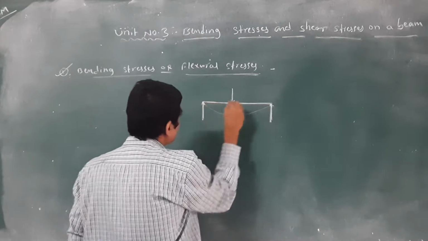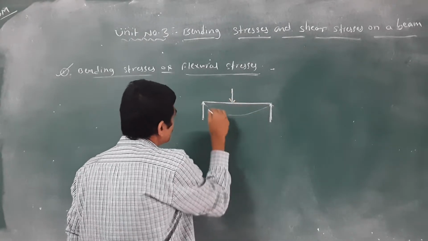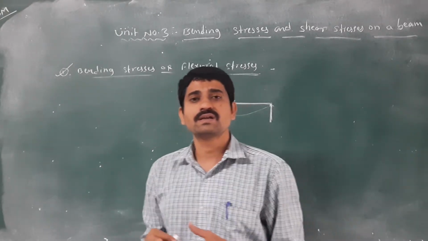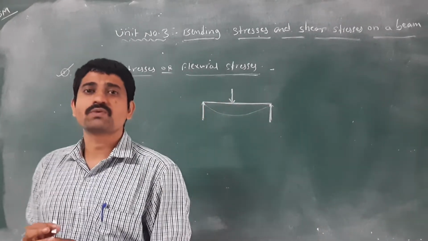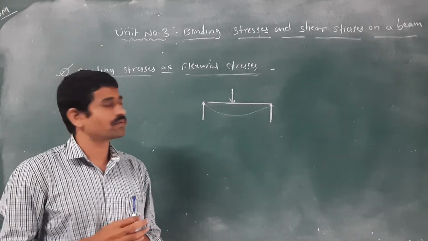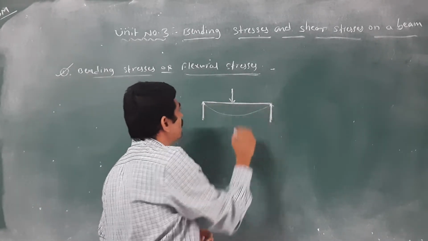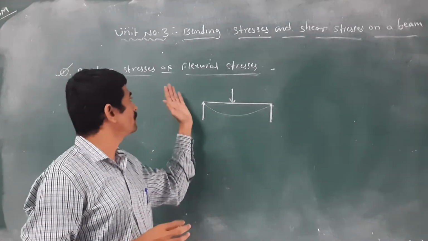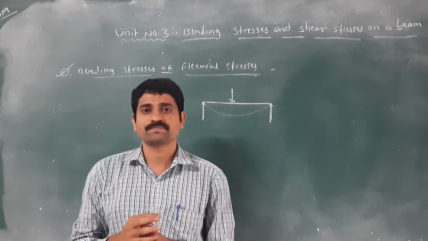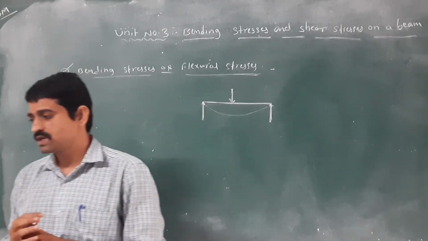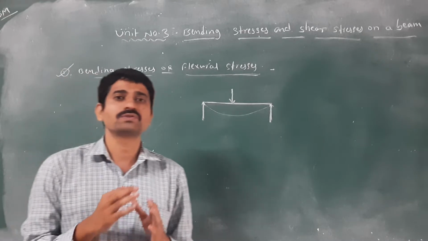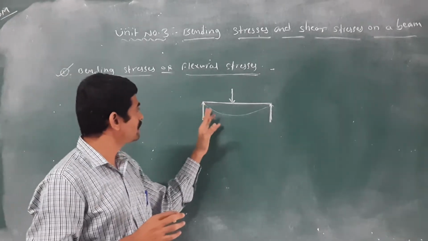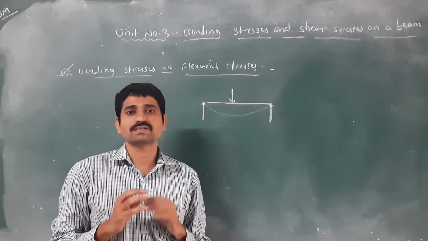When you apply the external load on the beam, the stresses induced in the given beam to resist the bending moment are known as bending stresses or flexural stresses. Are all of you getting the definition? The stresses induced in the beam to resist the bending moment are called bending stresses.